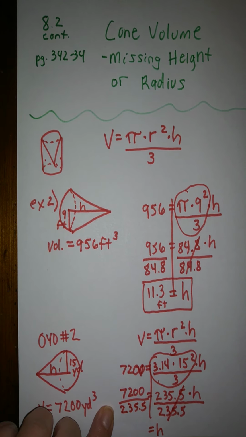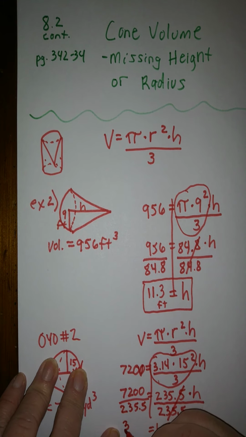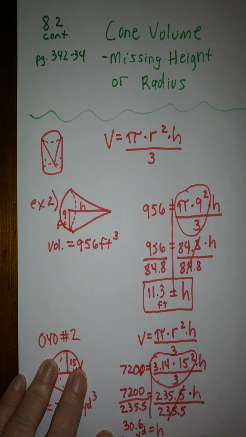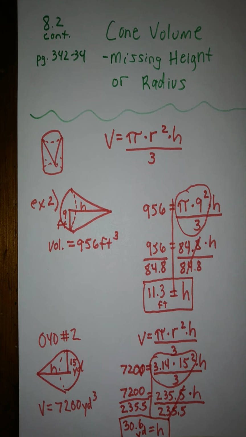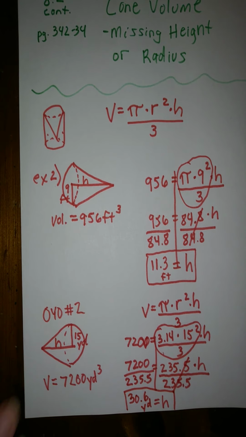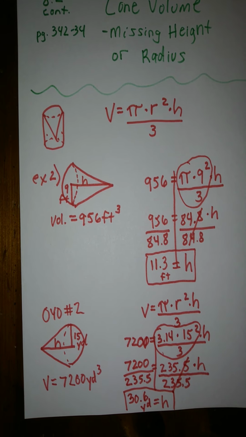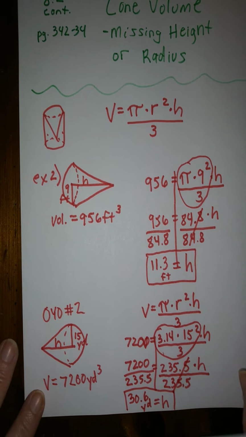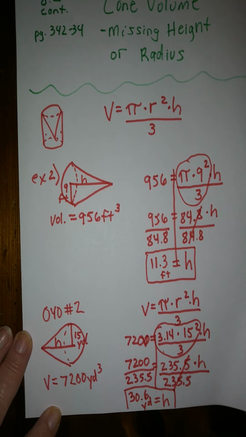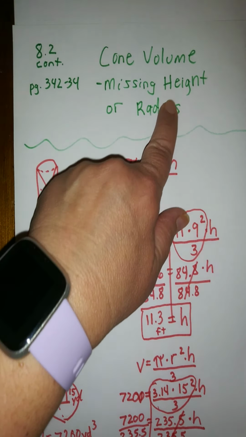When you do this division, you should end up with 30.6. And remember, that's just yards. It's not cubed because it's just a distance from the top to the bottom of that cone. Okay? All right, so that's the first part of it, missing height.